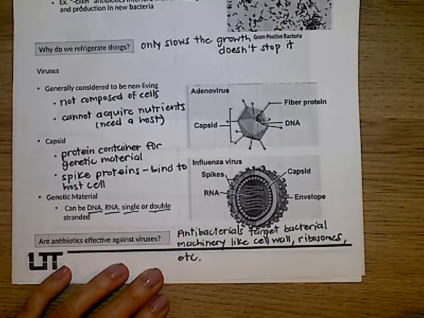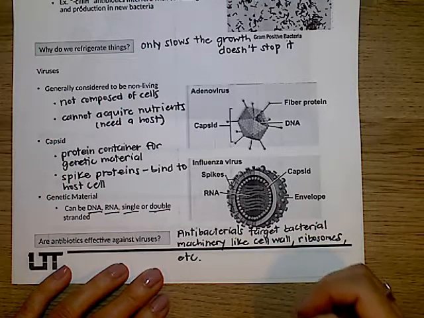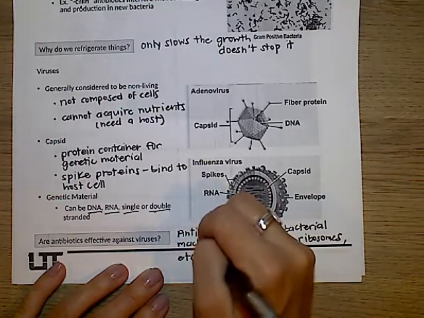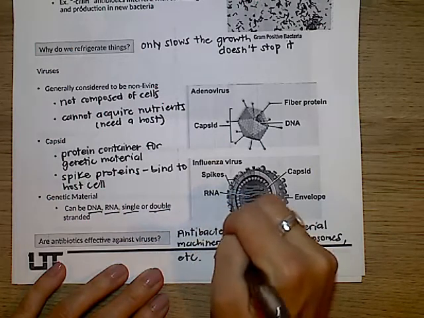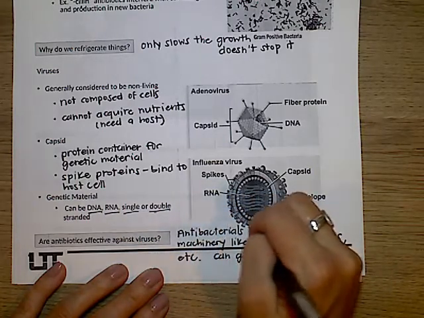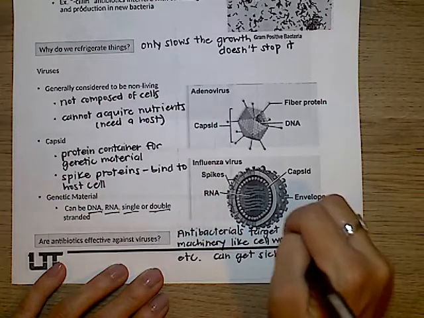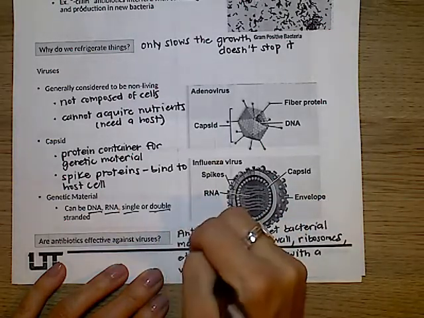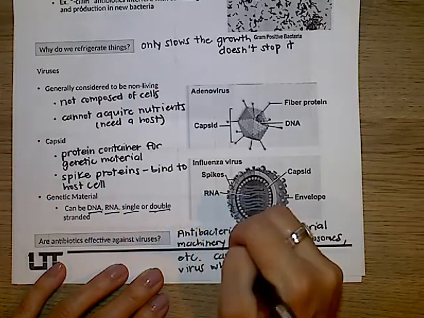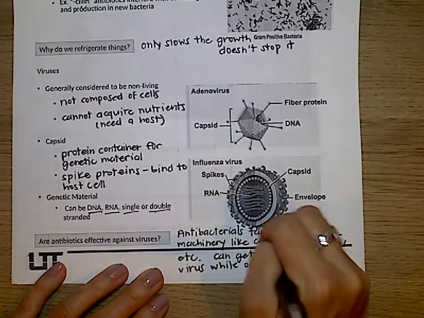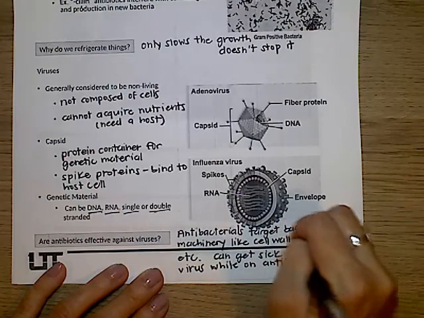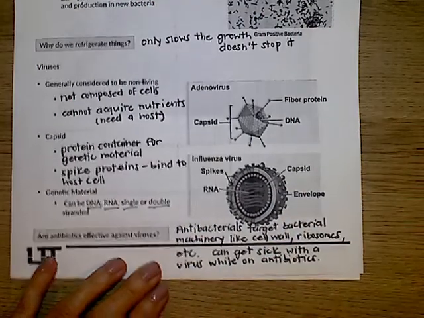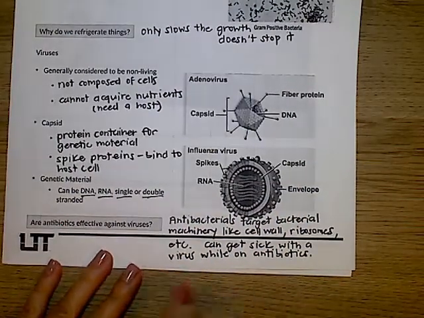And so even if you're taking antibiotics for a bacterial infection, you can still get sick with a random virus, because it has no effect on them.